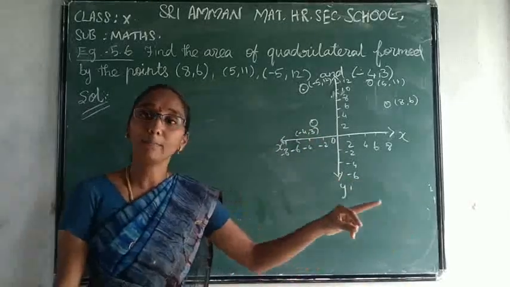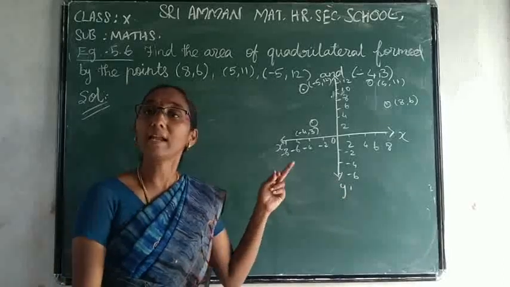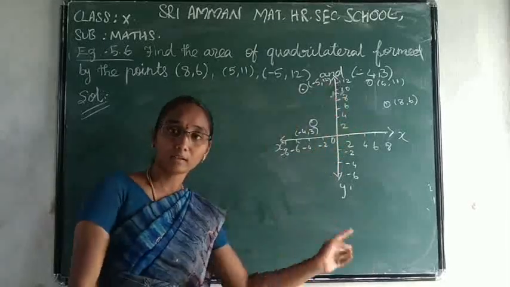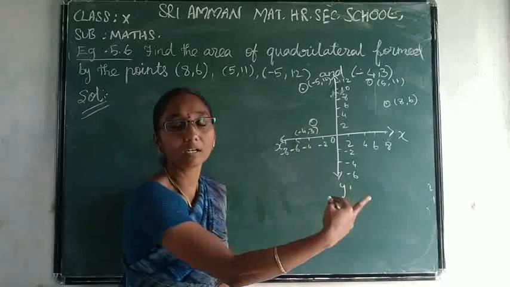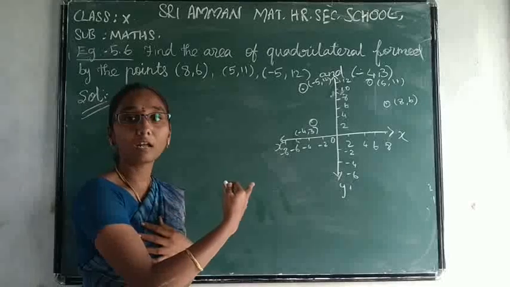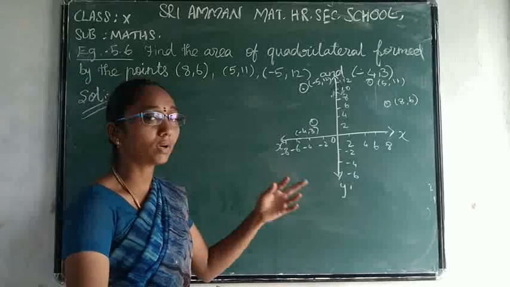Now I plotted the points. Next, I put the names in anti-clockwise order. What is anti-clockwise? Clockwise means the way the clock goes. See the clock, the direction in which time moves in your clock is clockwise.